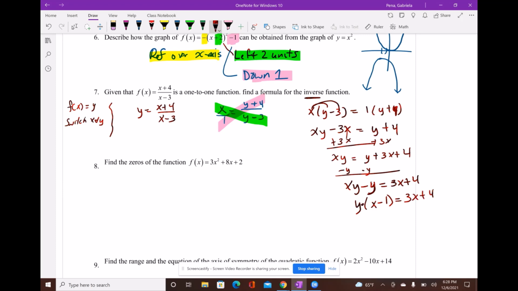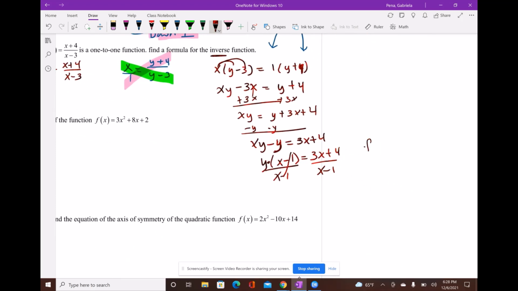How do you solve for y? Divide by x minus 1. That is correct. So my final answer would be the inverse of the function is 3x plus 4 over x minus 1. That would be the final answer. It stays like that.